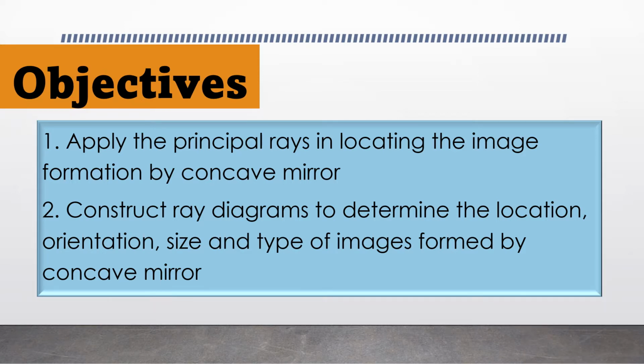Our objectives are the following. Apply the principal rays in locating the image formation by concave mirror. Second, construct ray diagrams to determine the location, orientation, size, and type of images formed by concave mirror.